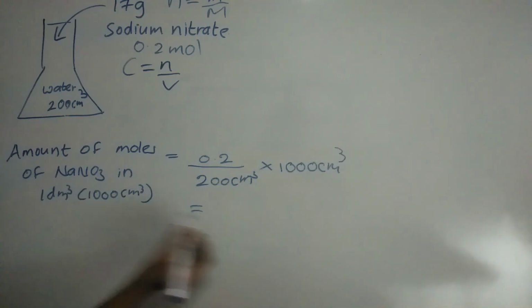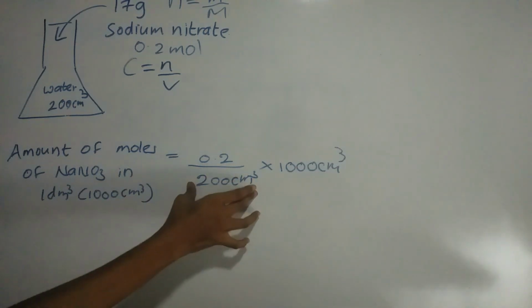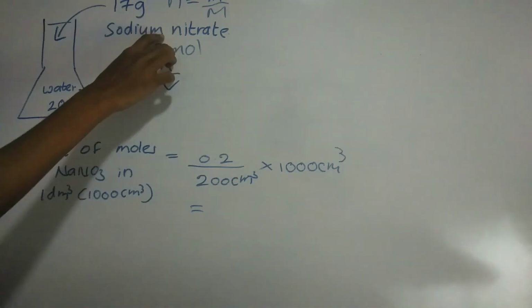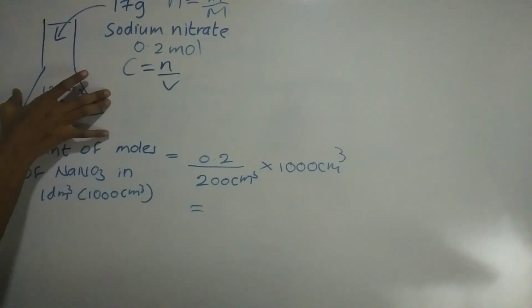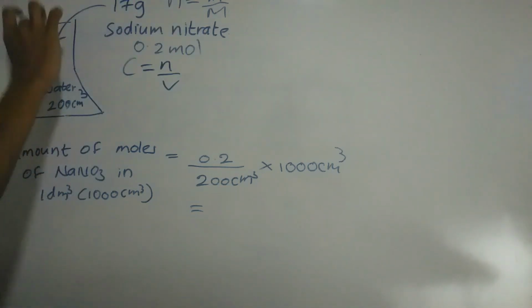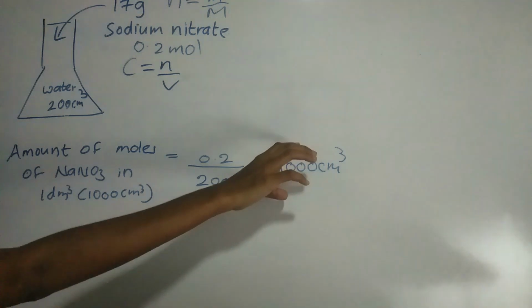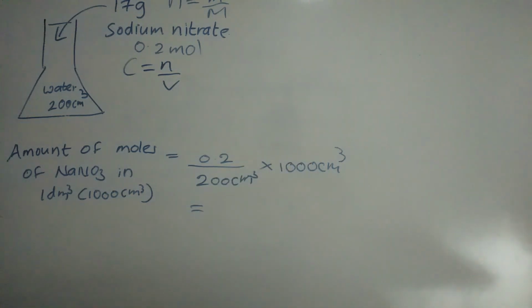In 200 cubic centimeters, if there is 0.2 moles of sodium nitrate, then how many moles are there in 1000 cubic centimeters? This is how we are finding it.